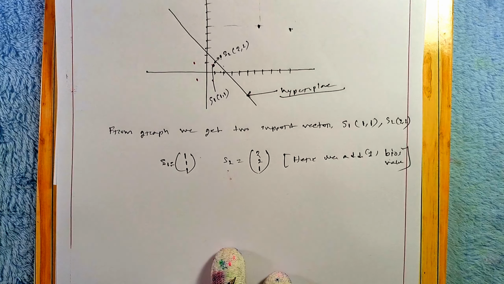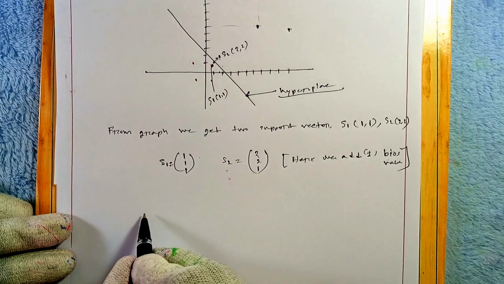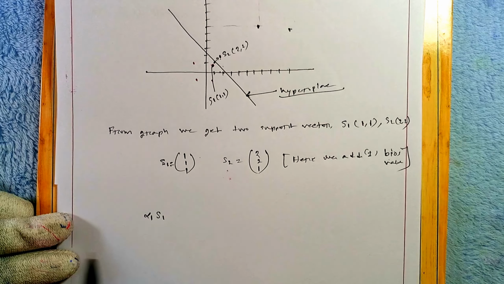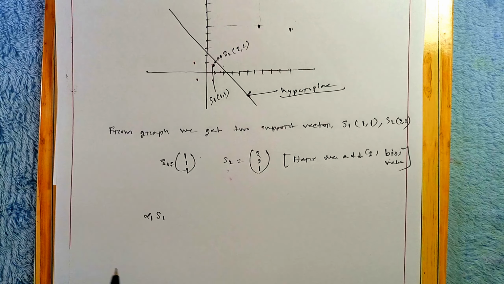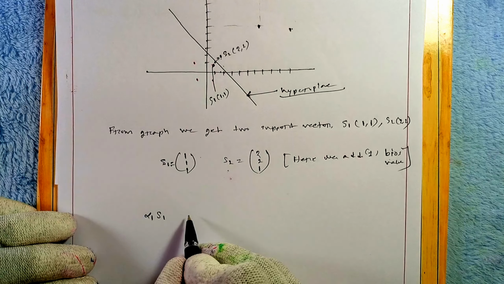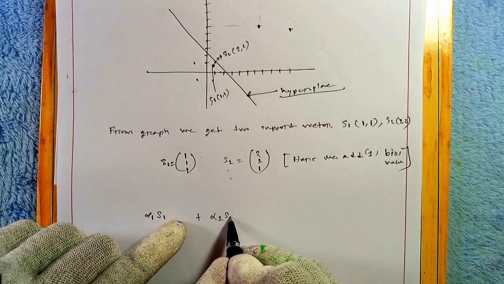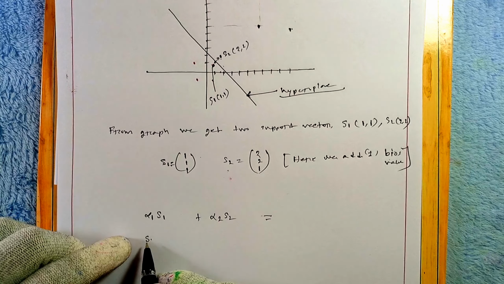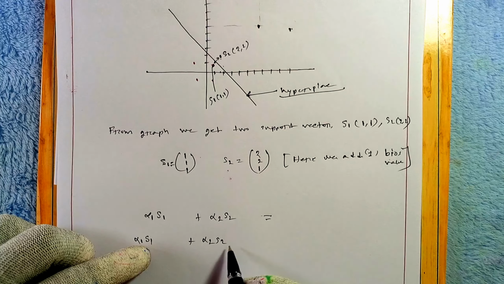Now we have to remember one formula, that is an easy one. The formula is alpha 1 S1 for finding alpha. You can memorize this formula, but I have a better option for you. This way you can easily understand and get these things. At first just write alpha 1 and S1, then plus alpha 2 S2, then equal to. Again alpha 1 S1 plus alpha 2 S2, then equal to.